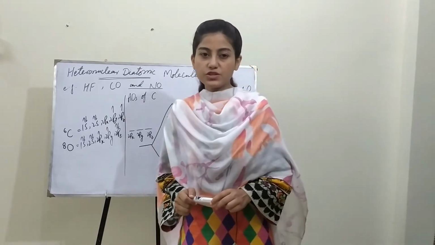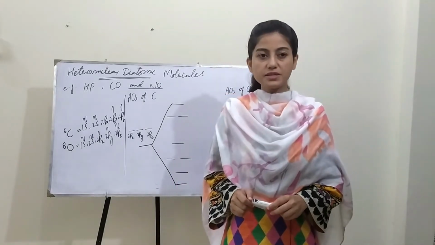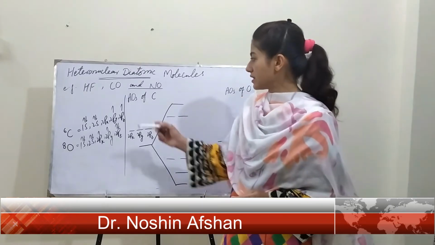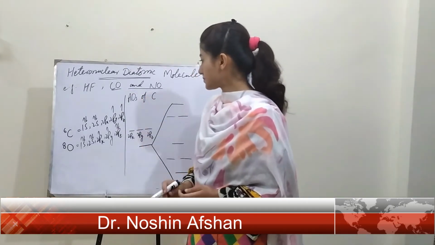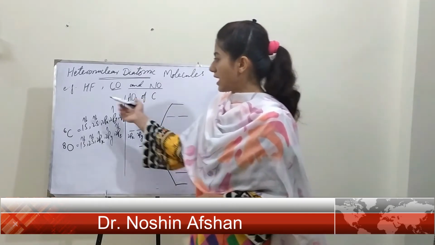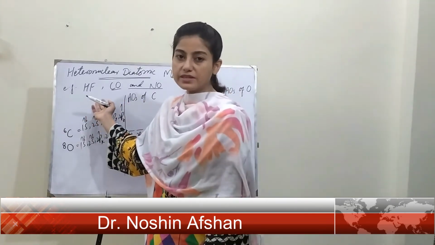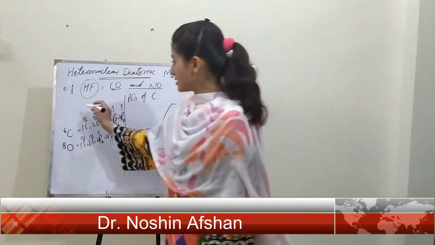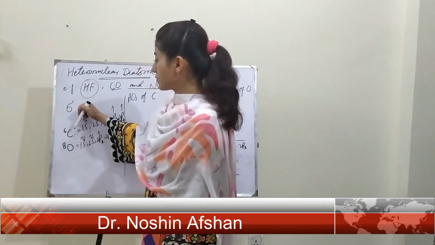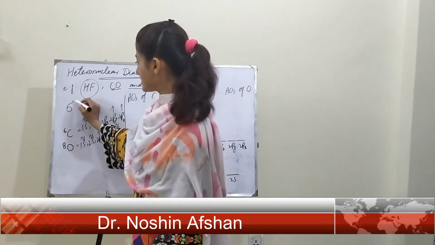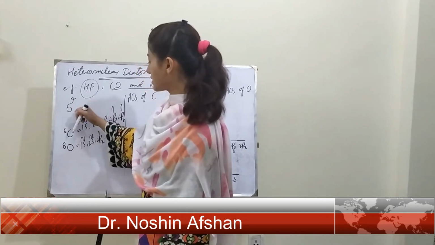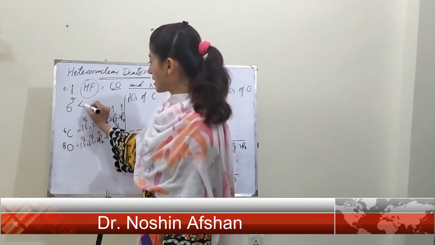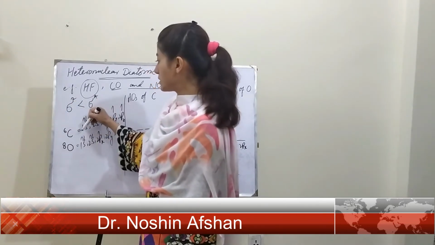So our today's lecture is about molecular orbital representation for heteronuclear diatomic molecules, for example, carbon monoxide. As in the previous video, we studied the molecular orbital representation for the hydrogen fluoride molecule. Its energy level sequence for molecular orbitals was sigma 2, that means the bonding molecular orbital, sigma, filled with 2 electrons, and sigma star was empty.